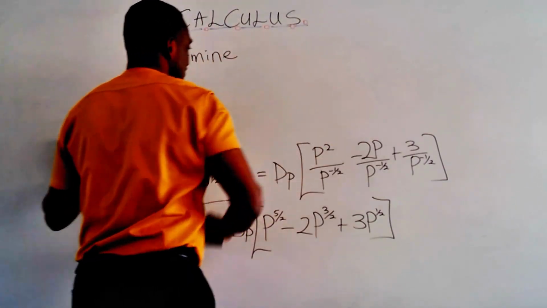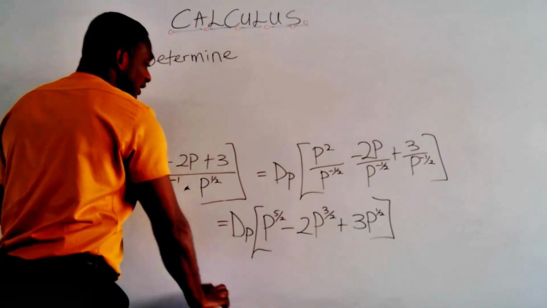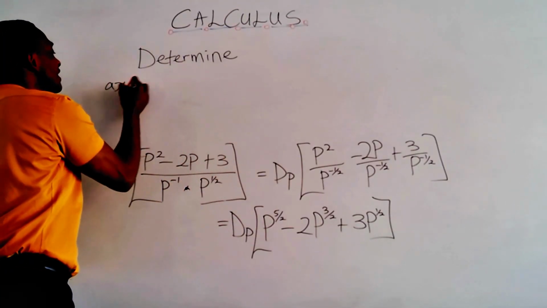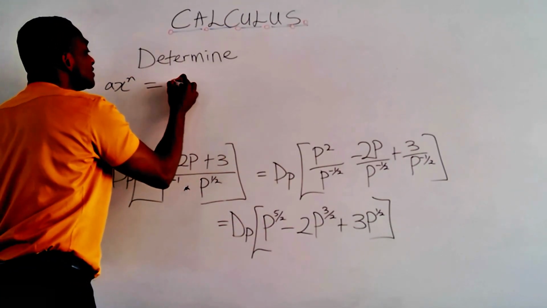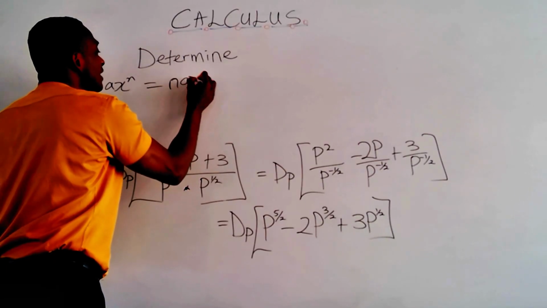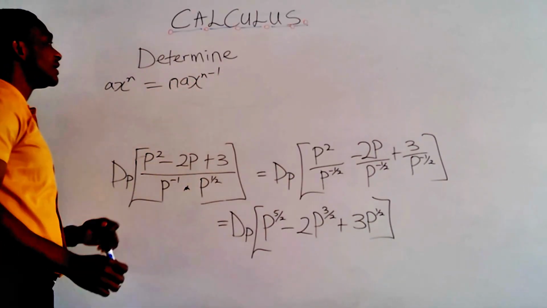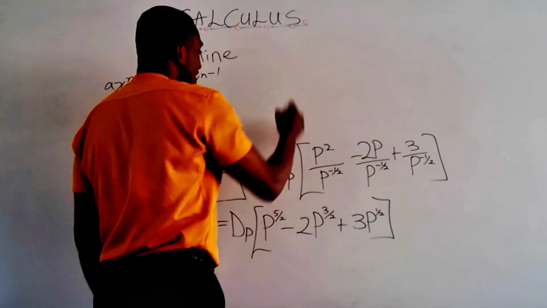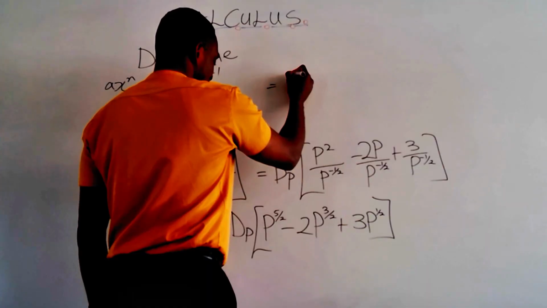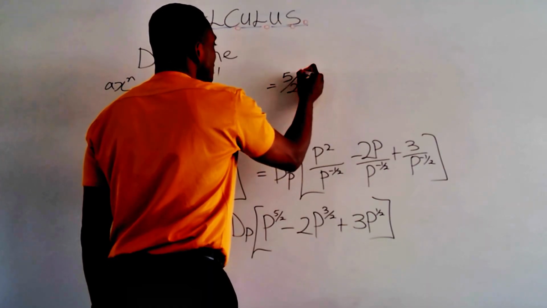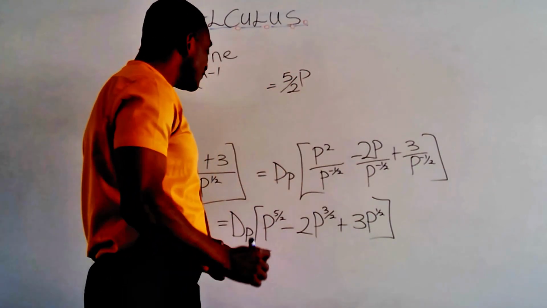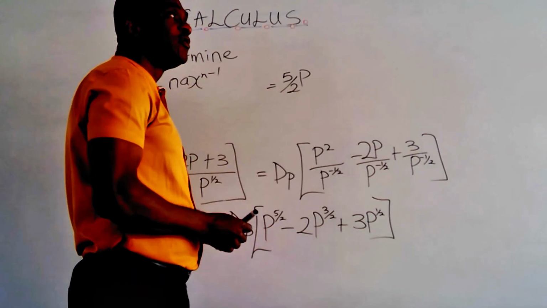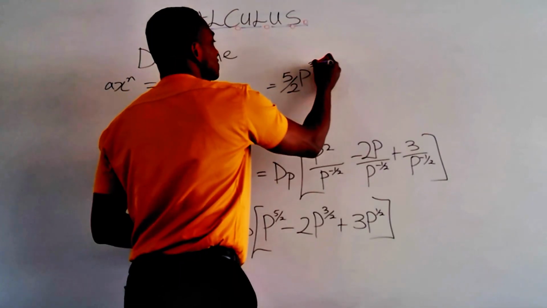So let's go through that now. The derivative: remember, if we have a x to the power of n, it becomes n times a, x to the power of n minus 1. So we have 5 over 2. The derivative of this will be 5 over 2 p to the power of 5 over 2 minus 1. 2.5 minus 1 is 1.5, which is 3 over 2.